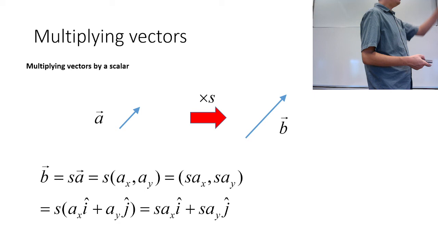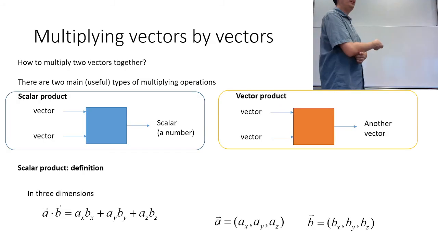The first one was the scalar product. Schematically, you take 2 vectors as the input, and the scalar product, which is represented by this blue box here, spits out a number, and the number is given by this rule: you multiply each of the components together, and then you add them.